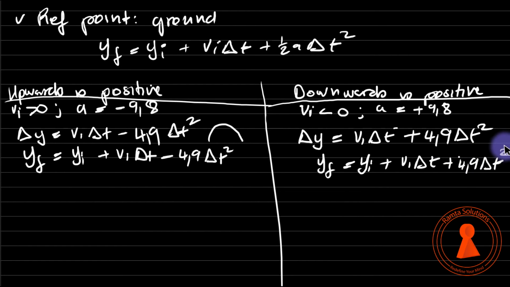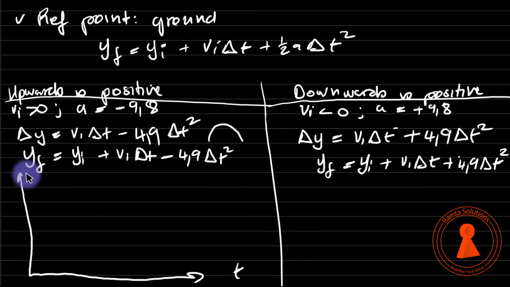So with this one, we know that our graph is frowning, but we said the ground is reference. Since the ground is reference, t-axis, y-axis, the graph will start at some point there, reach maximum height and return.